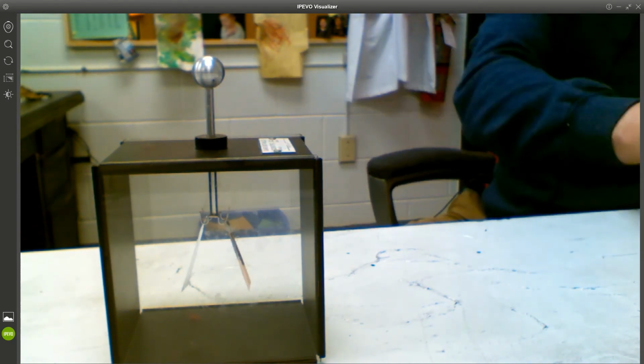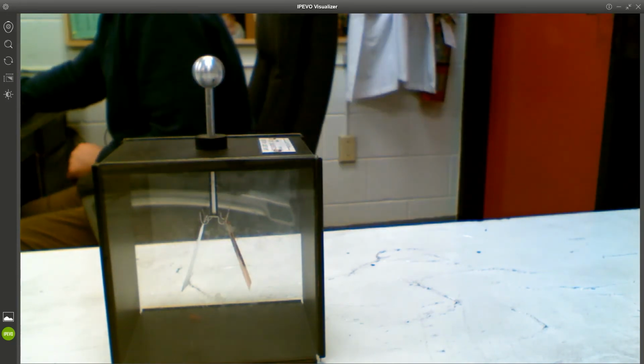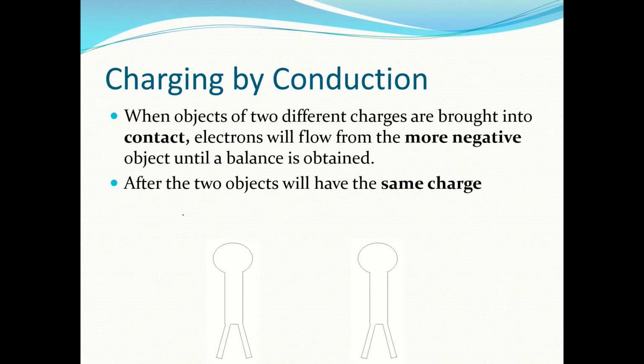So I can explain what's happening here with my little electroscope diagram. In this situation, I have a negatively charged object, and I bring it close enough and I touch it to it. And you can hear the little spark when I touch the balloon to the electroscope. So at the start, it was neutral, right?